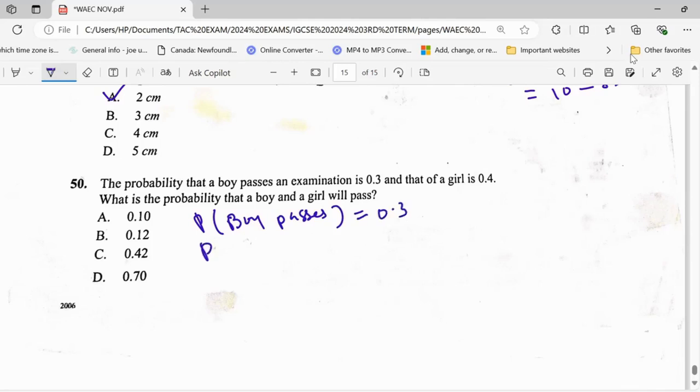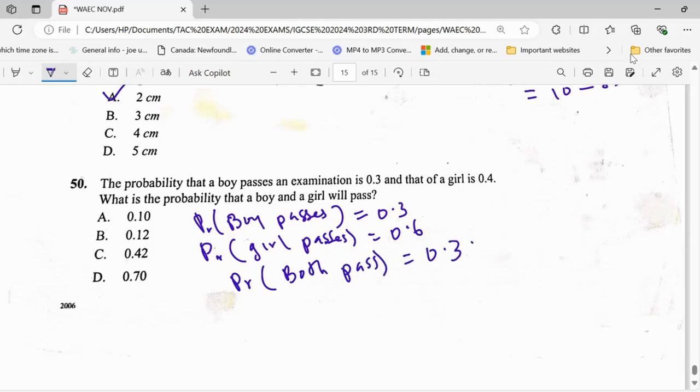The probability that a girl passes this exam is 0.4. So what we are now looking for is the probability that a boy and a girl pass. That's both. So the probability that both of them pass is going to be 0.3 times 0.6.